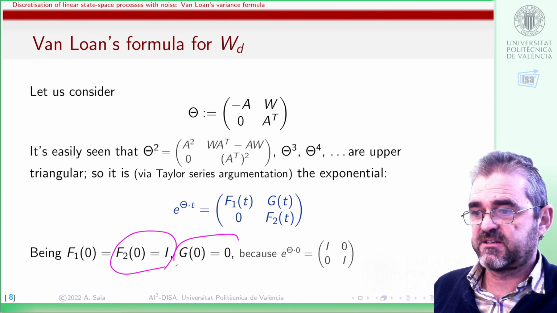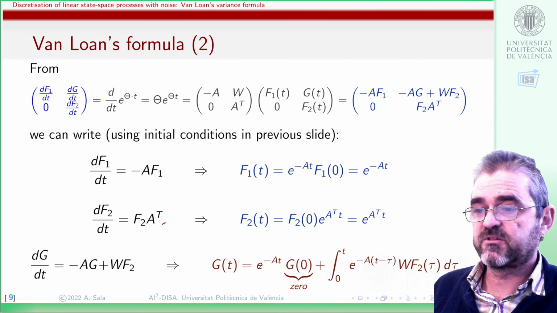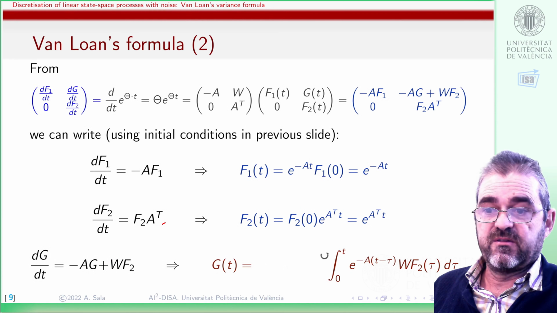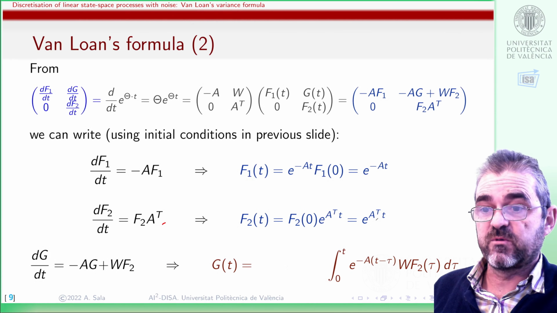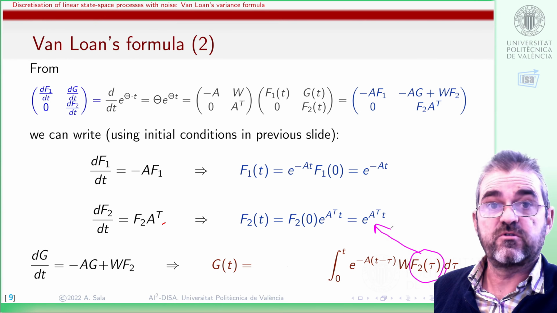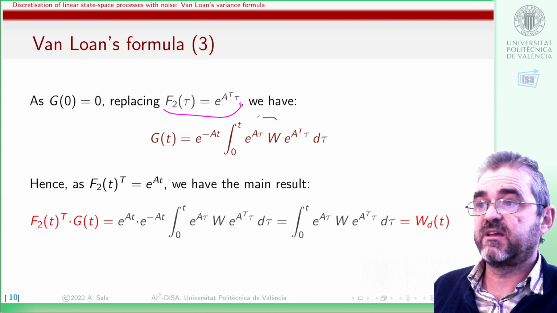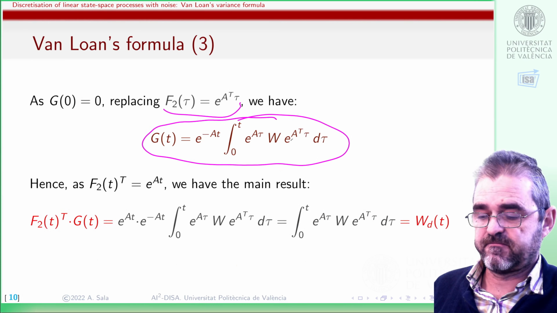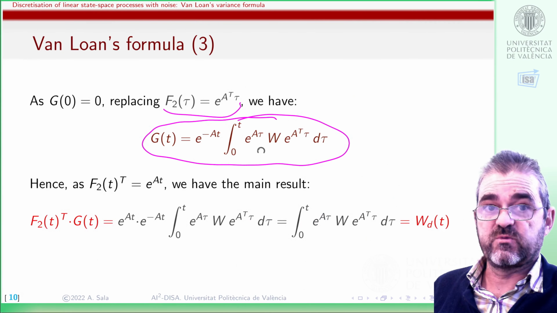Luckily, as initially g was 0, then this is 0, so we can just forget about this term. So this is g of t, and the only remaining thing is, of course, replacing in f2 the solution here. Doing that replacement, we get the final expression of g of t. So this was f1, this was f2, and this was g.